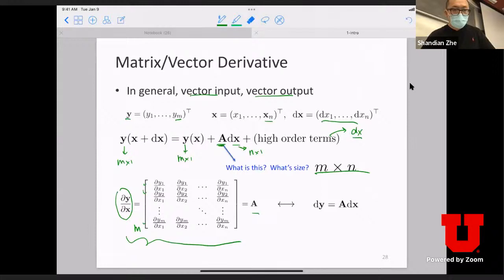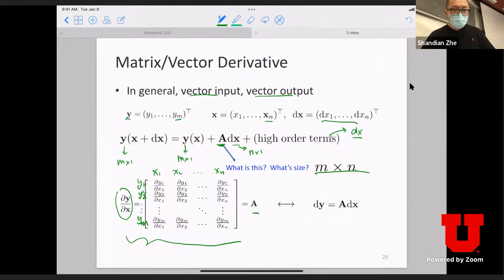Let me write it down. You can see that each element is actually the partial of yi over partial of xj.